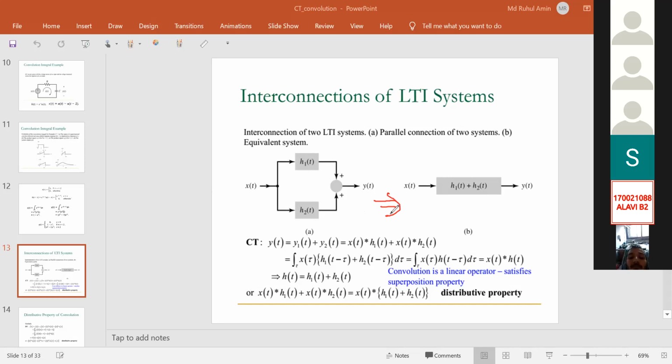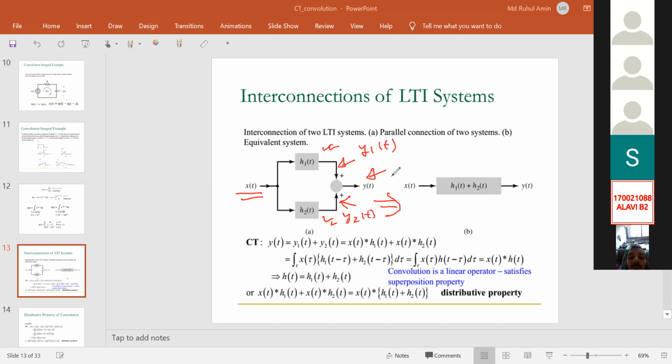Now, we have two systems, H1 and H2. The impulse responses of these two systems are given, h1(t) and h2(t). We are feeding the same input to both systems, collecting the outputs and summing them together to get the total output. So this system output can be thought of as y1(t), the other system output is y2(t).